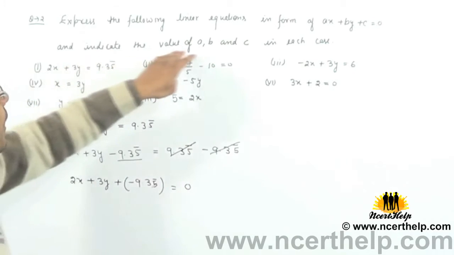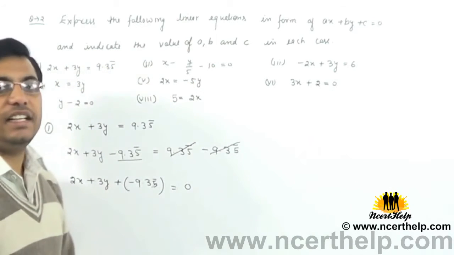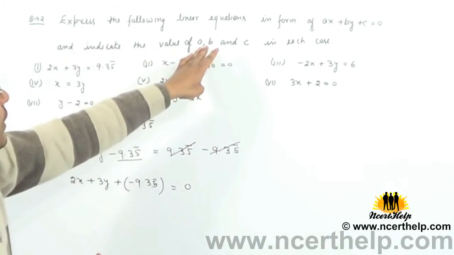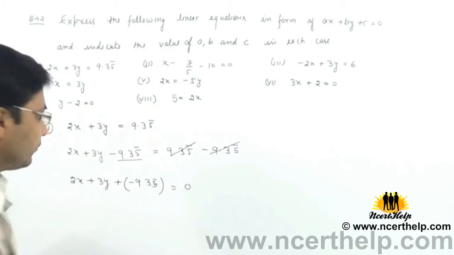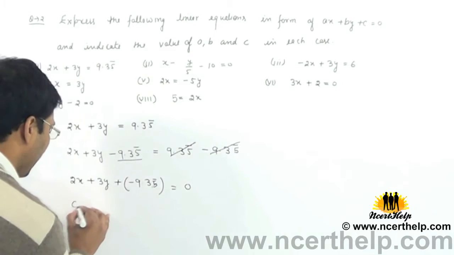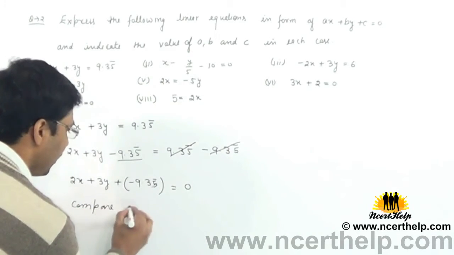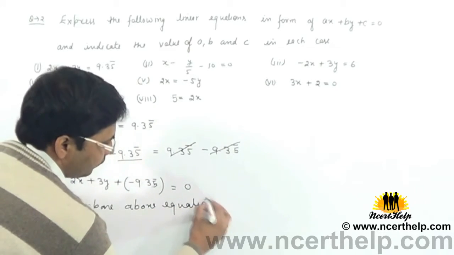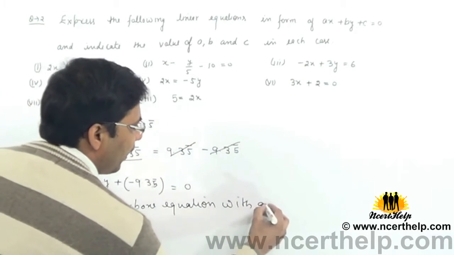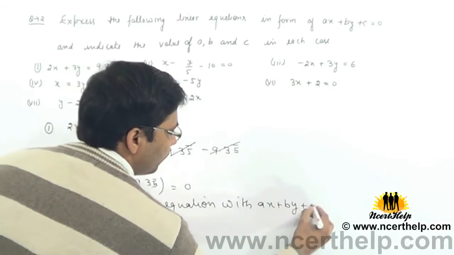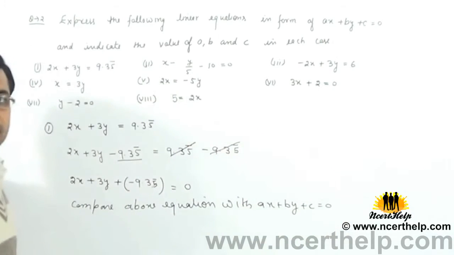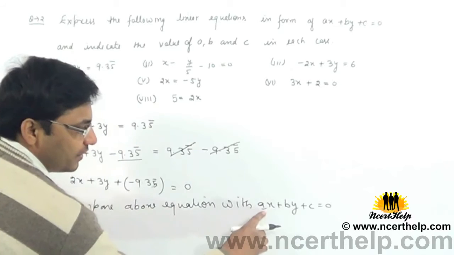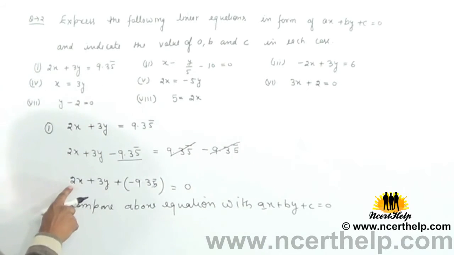Now indicate the value of a, b and c in each case. That means we need to find the value of a, b and c. So compare above equation with ax plus by plus c equals 0. Here if we compare, coefficient of x is a and here coefficient of x is 2.